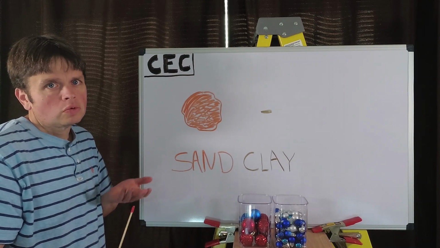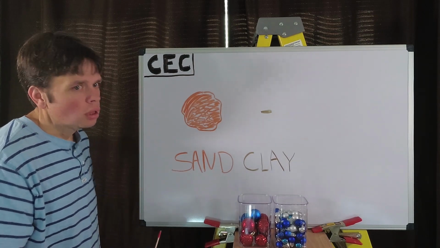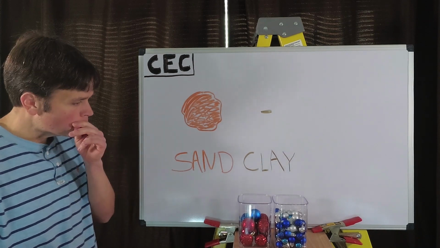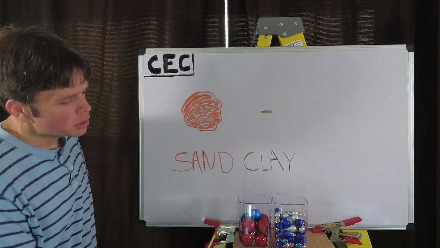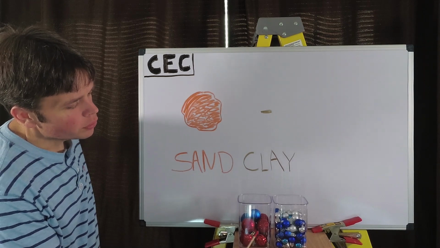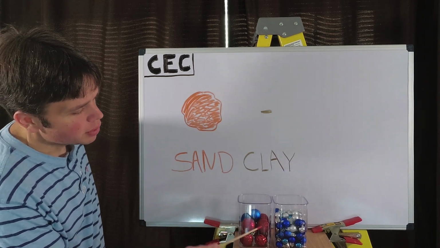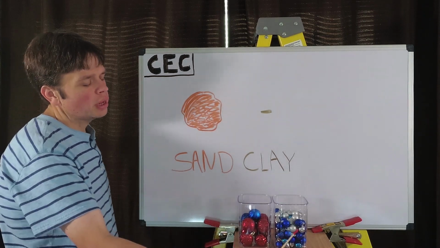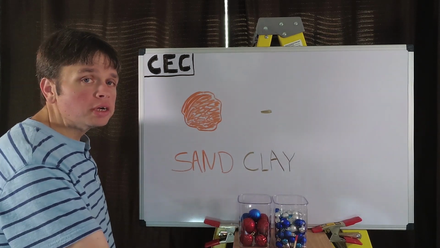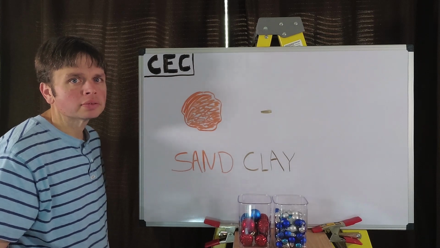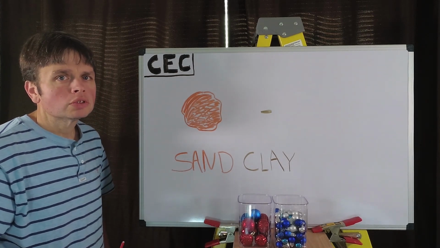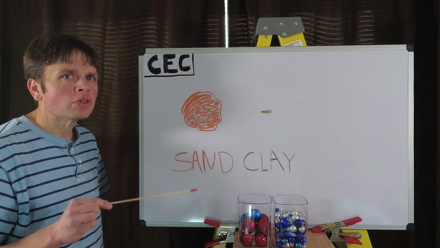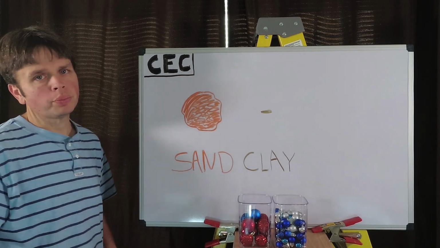So, who cares? Why is that important? There's two reasons why that's important. One, you can clearly see all of the air spaces and empty voids there are in the sand, and how much more tightly packed the clay is. So let's dive deeper into that and see why that's important.